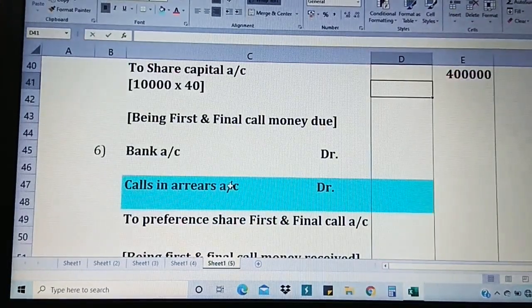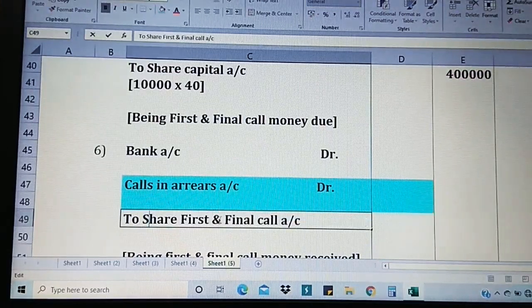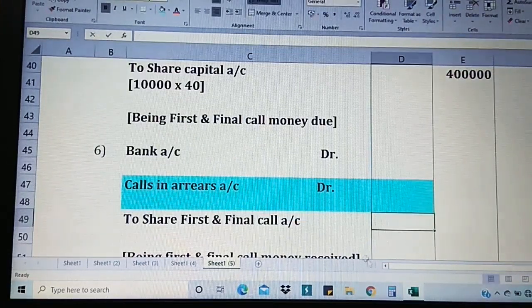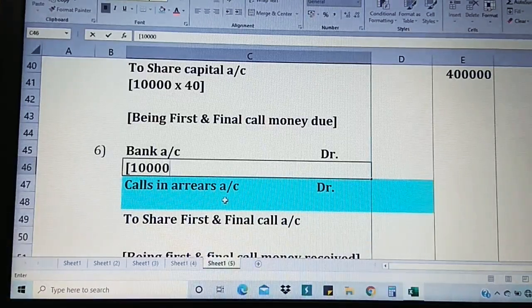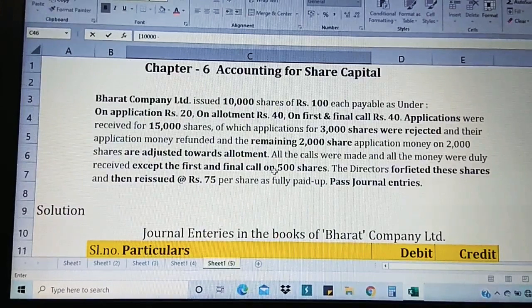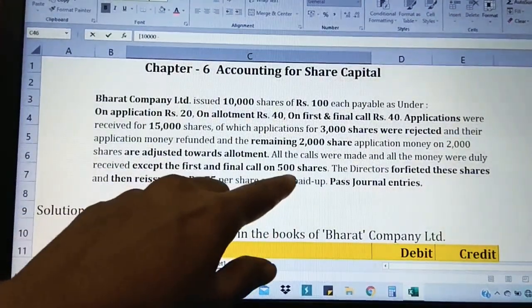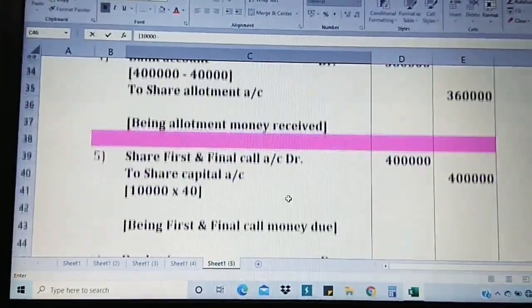Receipt entry of first and final call. Here we have an adjustment that has to be checked by us. So bank account debit. When we are receiving, we have some adjustment to be made. Out of 10,000 shares, there are some shares on which the money has been withheld. Could you all observe in the question, except the first and final call, 500 shares. This is to be deducted. We know the step.